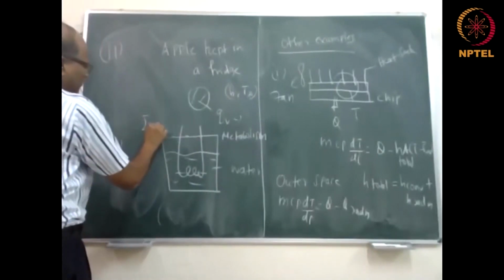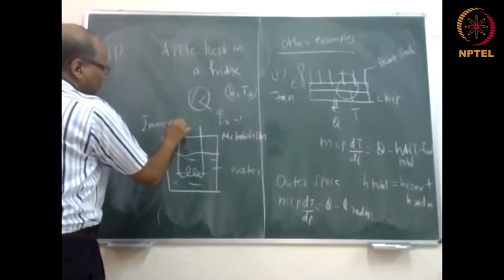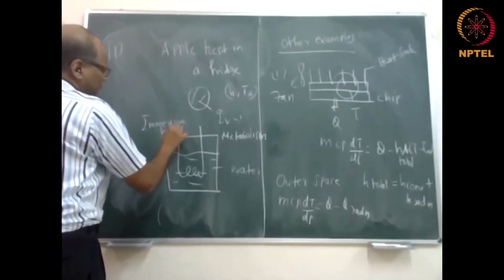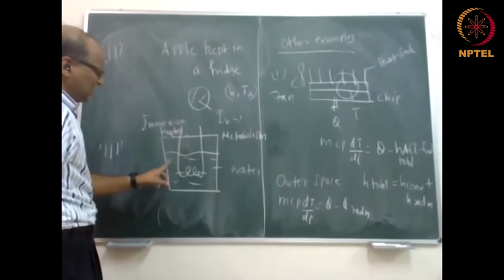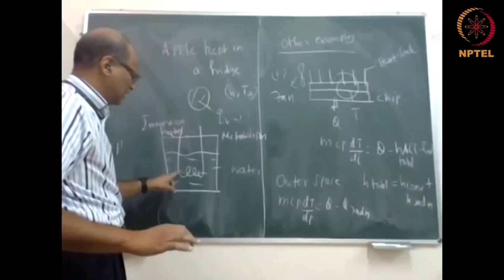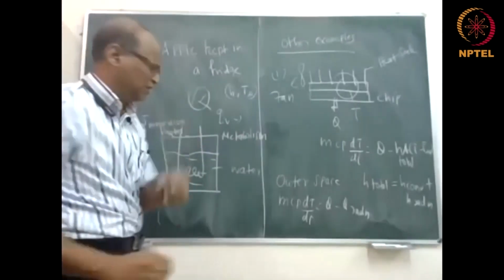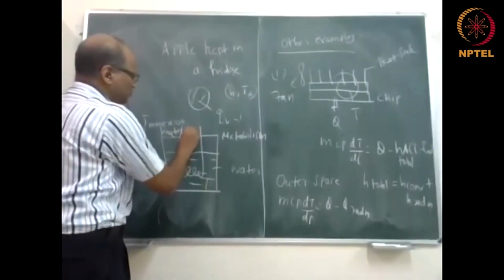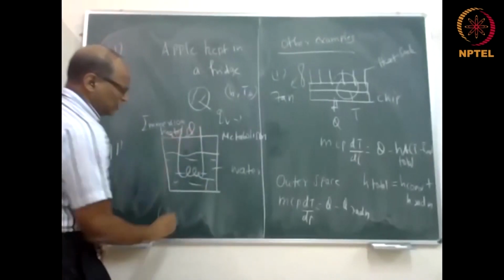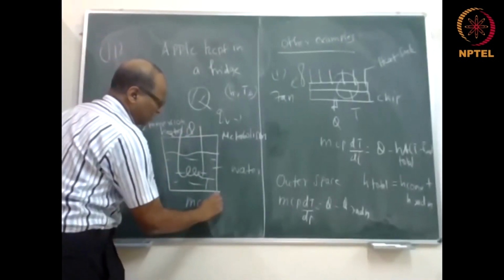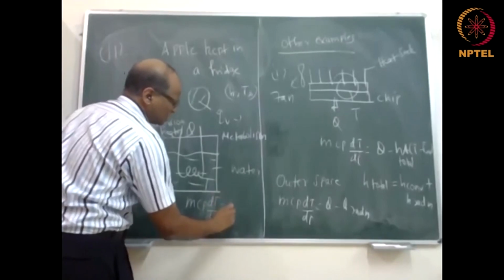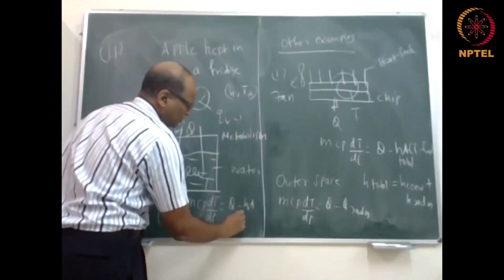Assume that for the immersion heater, the water, the bucket, everything is at one temperature T, and this is supplying a heat of Q. Then again, this will be mCp dT by dt equal to Q minus hA into T minus T infinity.